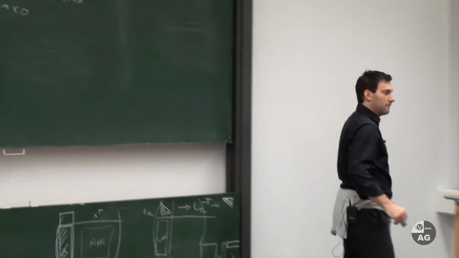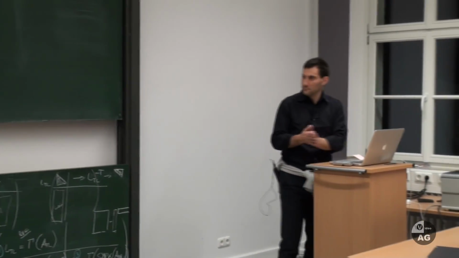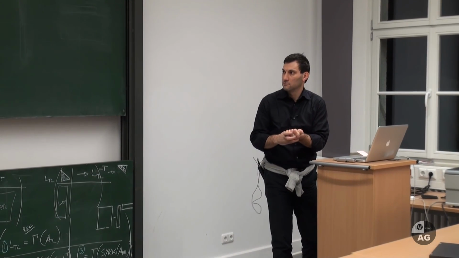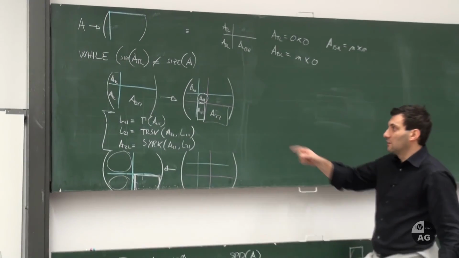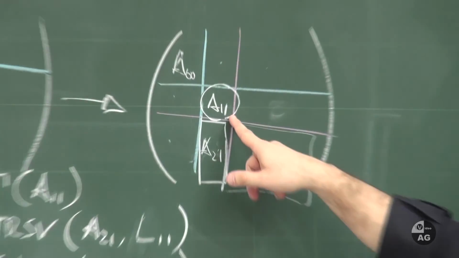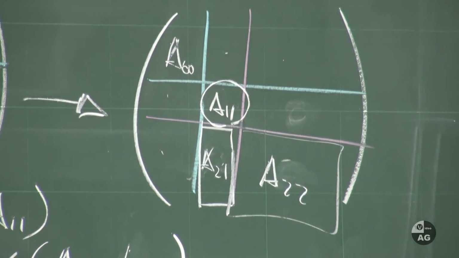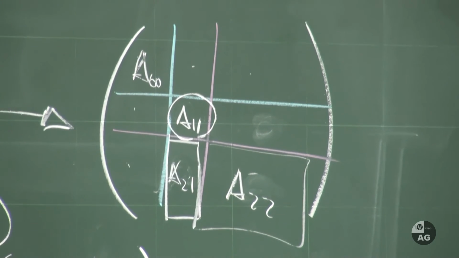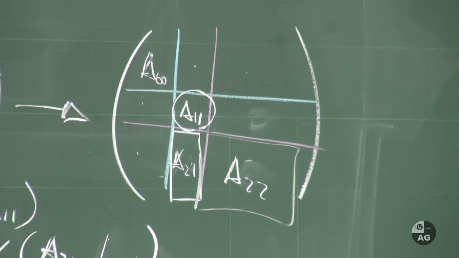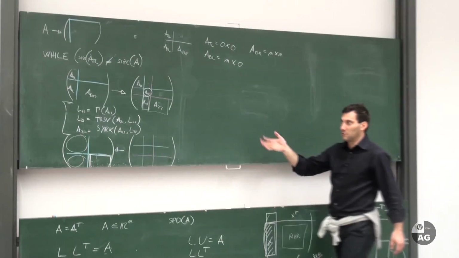Yes? Could we go ahead and always split off a 1-by-1 matrix in the top left and just keep doing that? Absolutely, that's exactly what we're doing. I didn't specify how large A11 is. If it's 1-by-1, it's called the unblocked algorithm. If it's not 1-by-1, it's called the blocked algorithm. And that's exactly what we're doing.